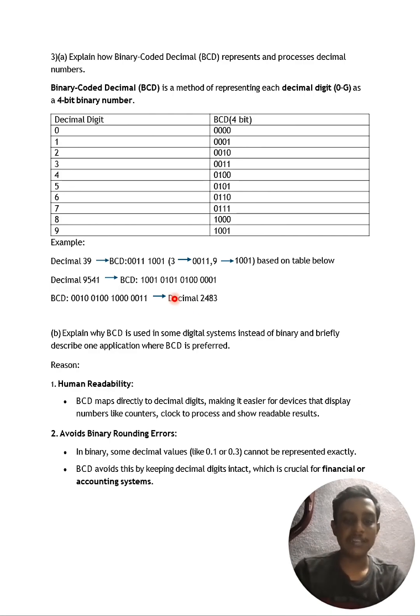So 3b, explain why BCD is used in some digital systems instead of binary, and briefly describe one application where BCD is preferred. So the reason, human readability.